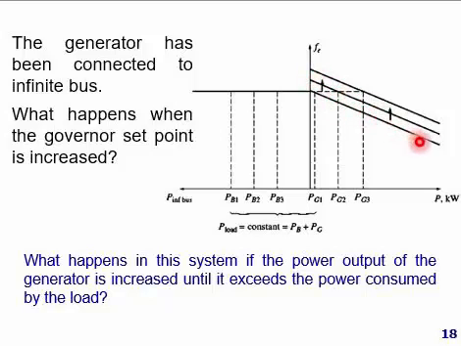It is clearly shown in this figure that the frequency has not increased, so the power has increased. What happens in this system if the power output of the generator is increased until it exceeds the power consumed by the load? In this case, it will be consumed back by the infinite bus.